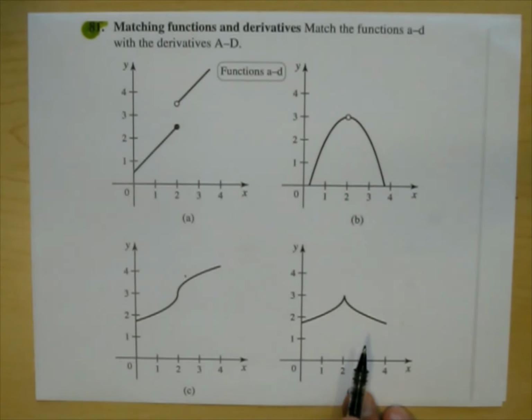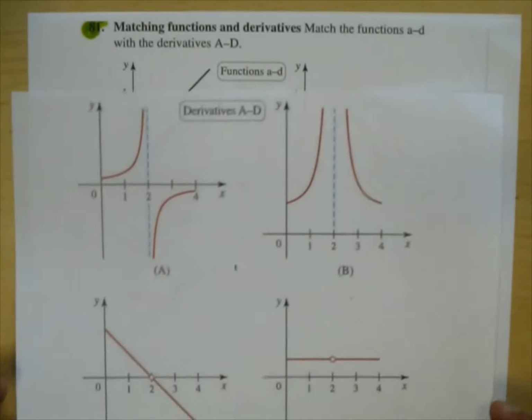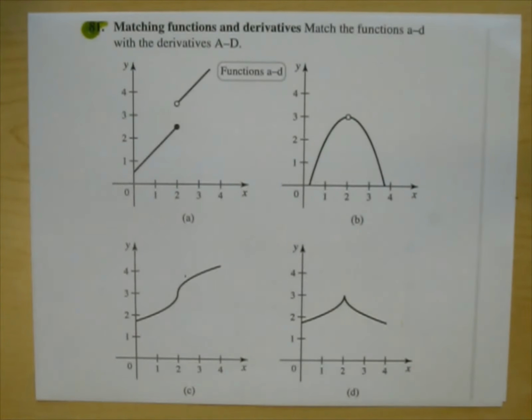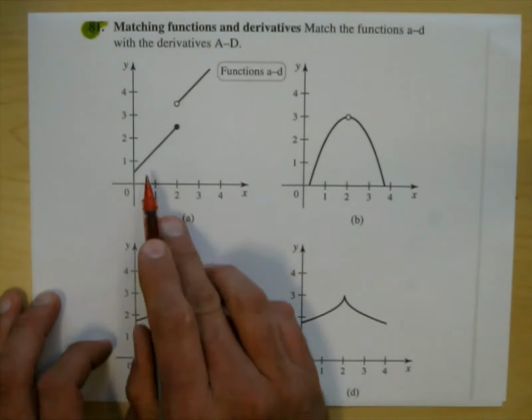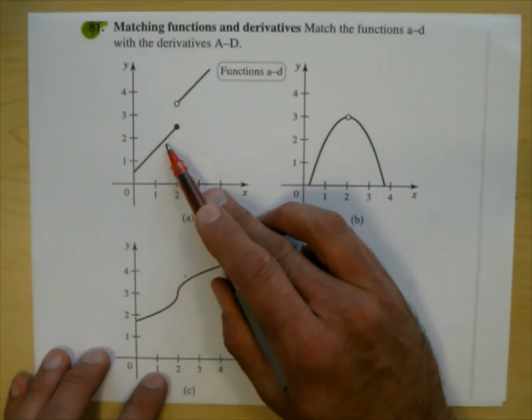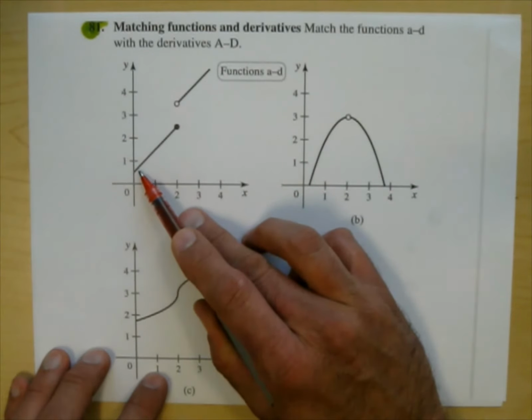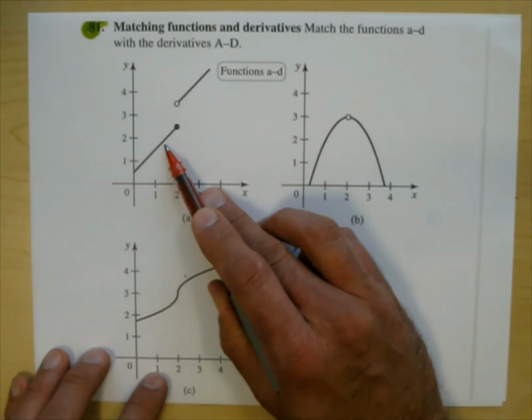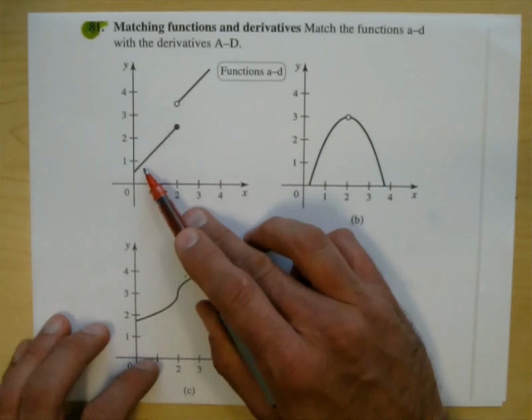So what I'm going to do is, here we have this right here. Those are the derivatives. So what I'm going to do is go ahead and just say, what does this slope look like right here? What's the slope at each point on this line? It looks like maybe 1 or something. I don't know what it is.